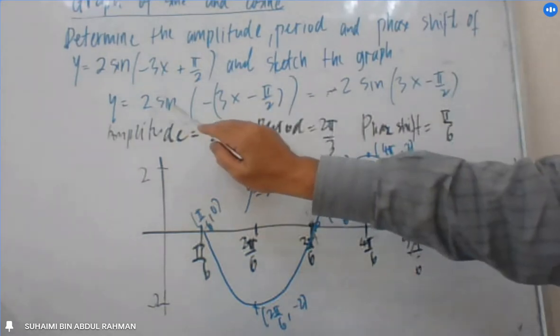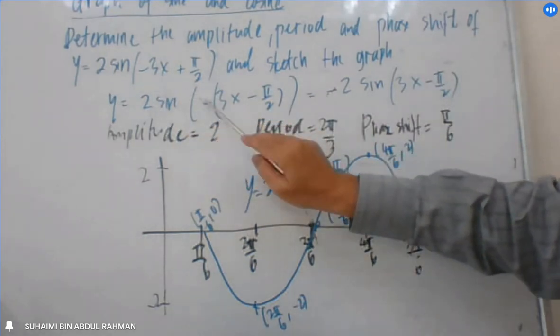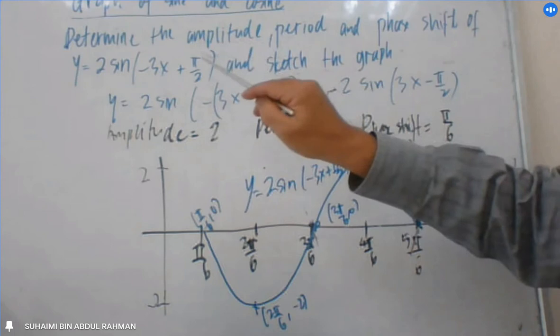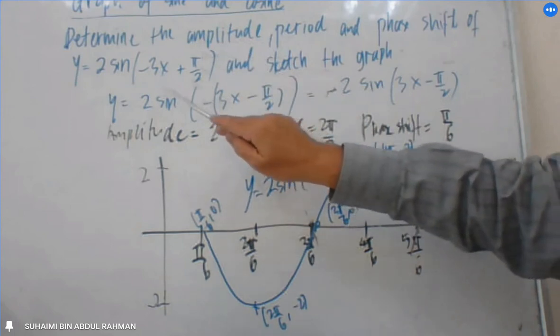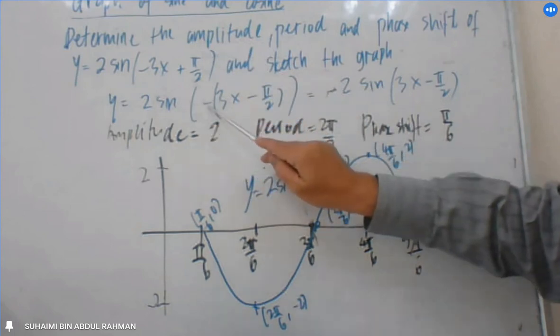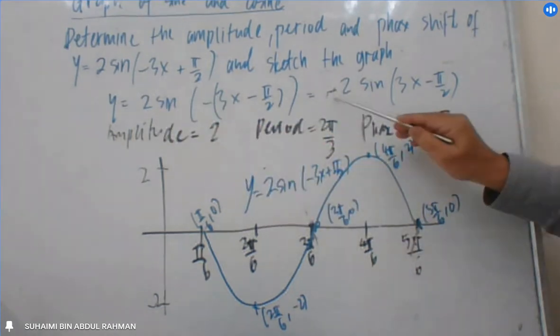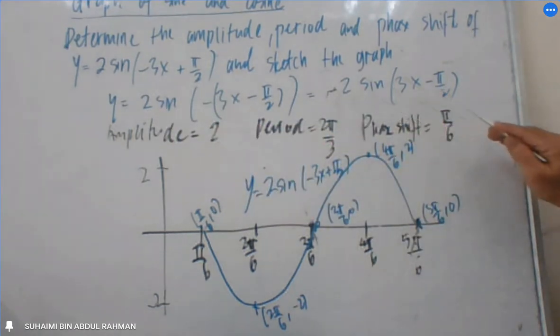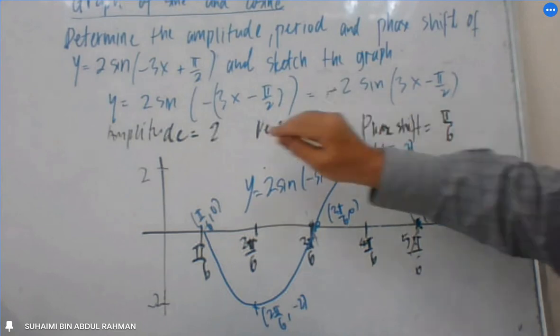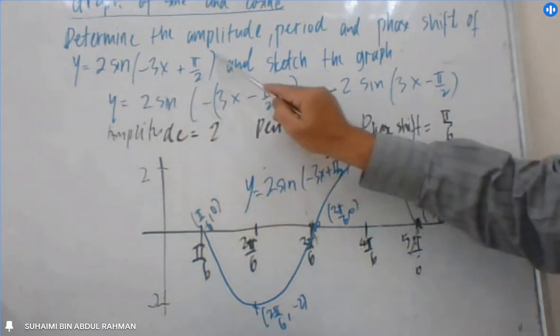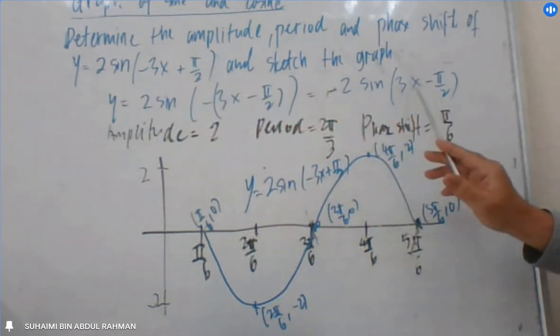Because sine function is an odd function, this negative goes outside. But if the function is even, this negative does not affect anything. Because sine is odd, the negative goes outside, so we get minus 2 sine of 3x minus pi over 2. So in fact, we can rewrite the function like this.